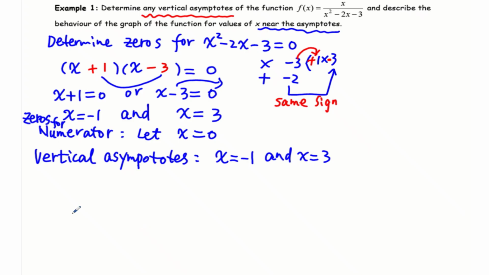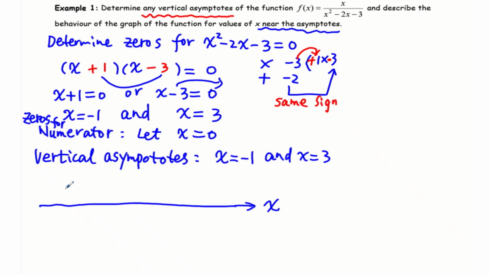So this is the x-axis, and we are going to use all the zeros from the denominator and also the numerator. The reason why we need to use all the zeros is because around those zeros, the left side and right side may change sign.